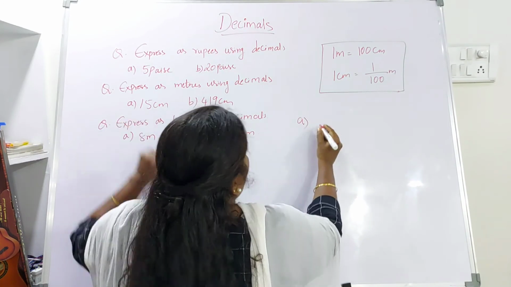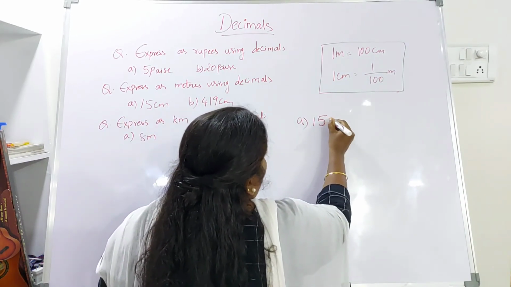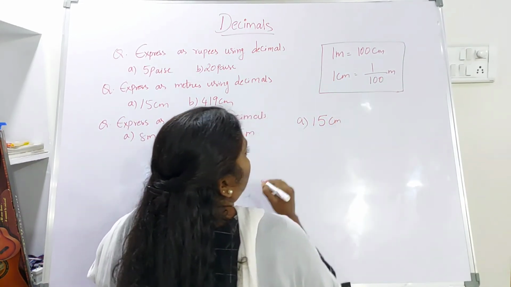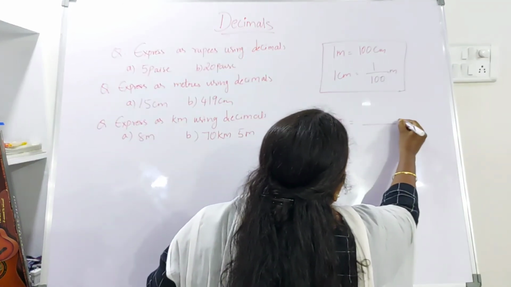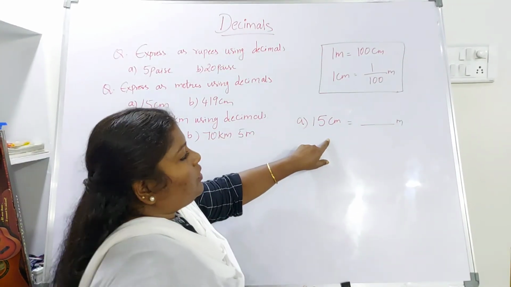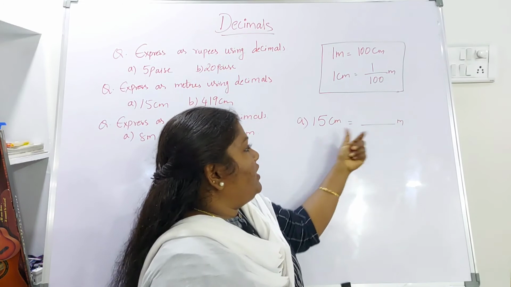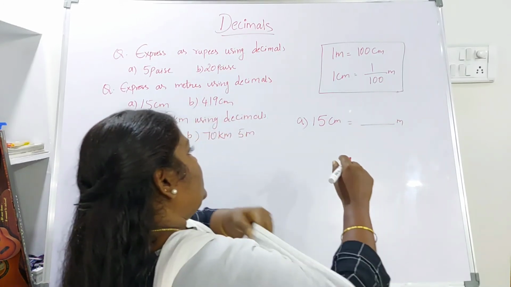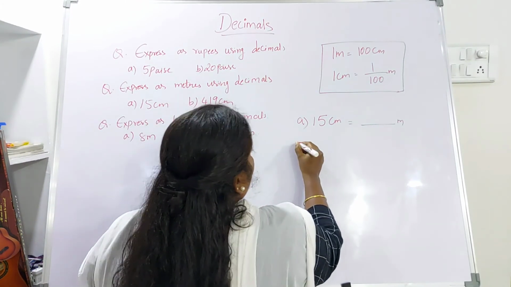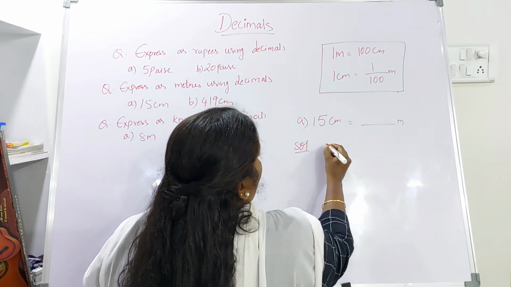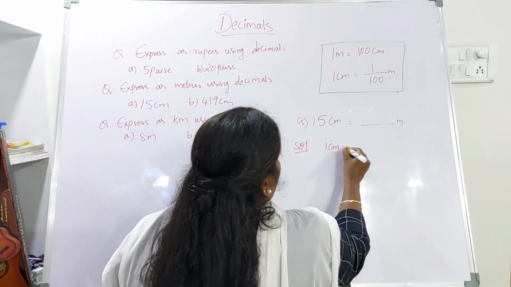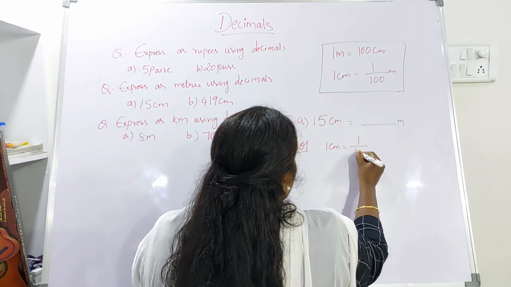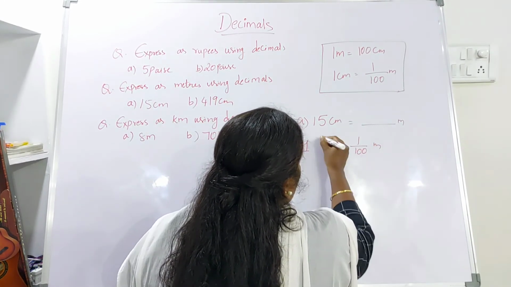They are asking you to convert 15 centimeter into meters. So smaller quantity to bigger quantity. Whenever it is smaller to bigger, you need to divide, and now the relation is 1 centimeter is equal to 1 by 100 meter.